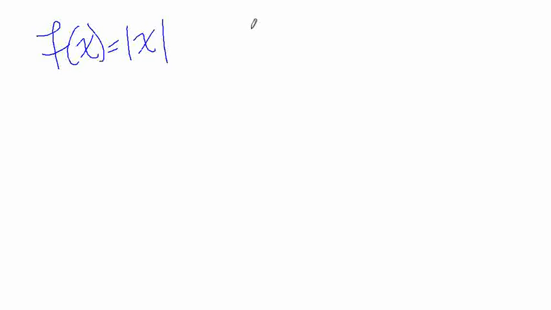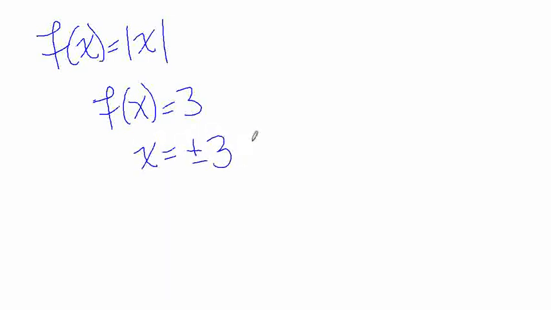Okay, now you might say the point that corresponds to x equal to 3, and you would be right. But can you see that there's another value on the other side of the origin corresponding to x equal to minus 3? So if f of x was equal to 3, then the solution, the x values that would make it equal to 3, would be x equal to plus or minus 3. Okay, and we were able to find that by thinking about distance.